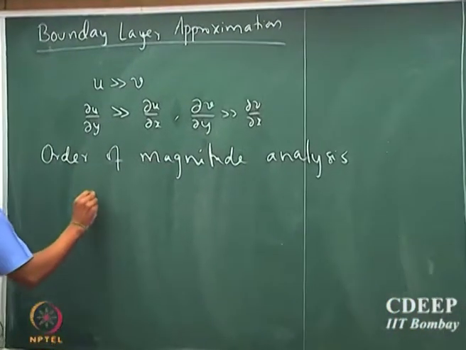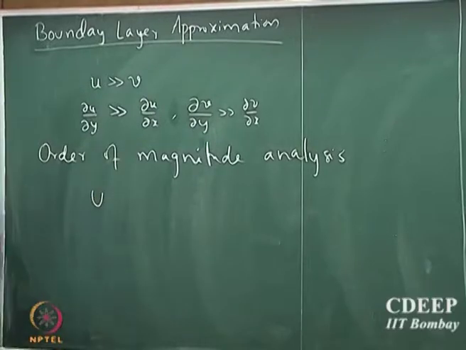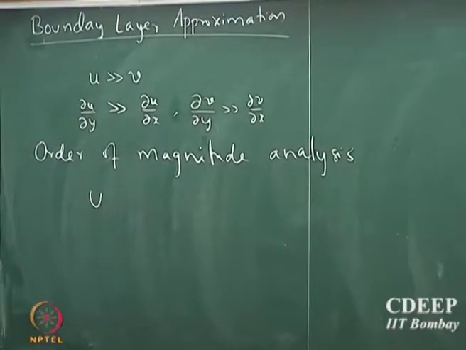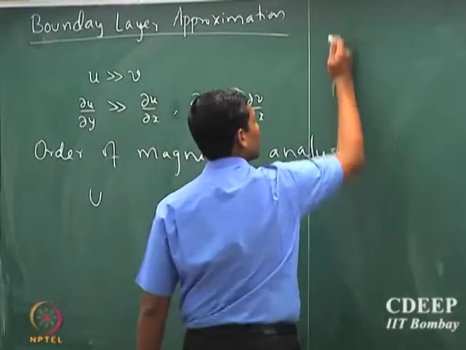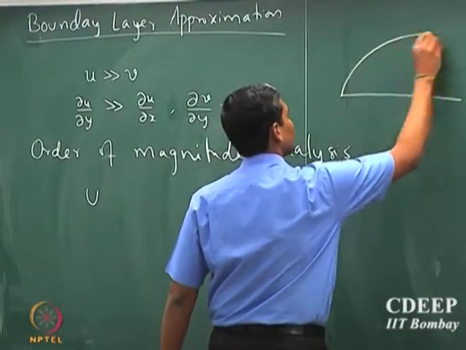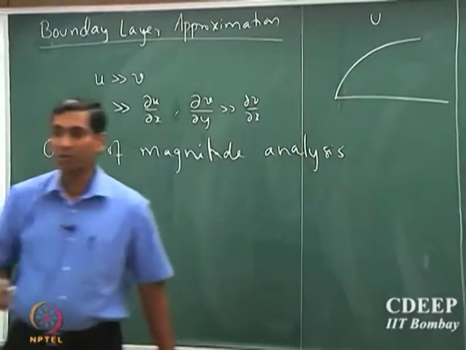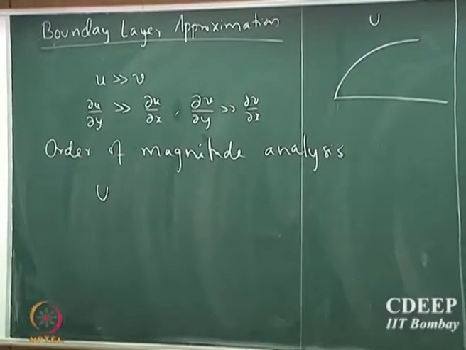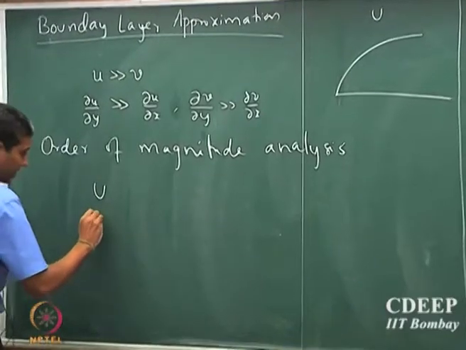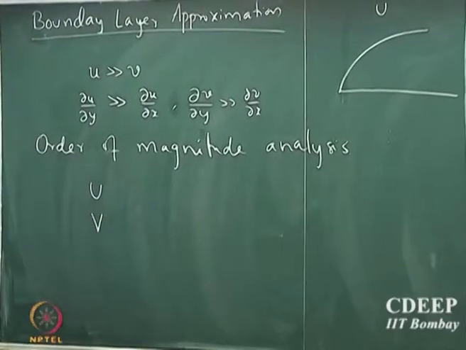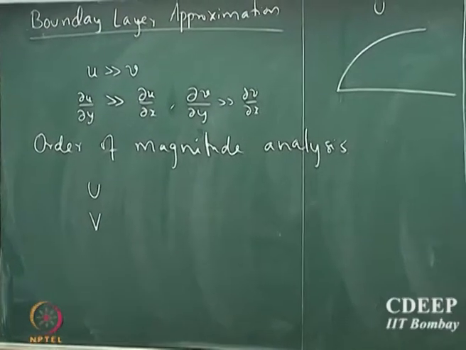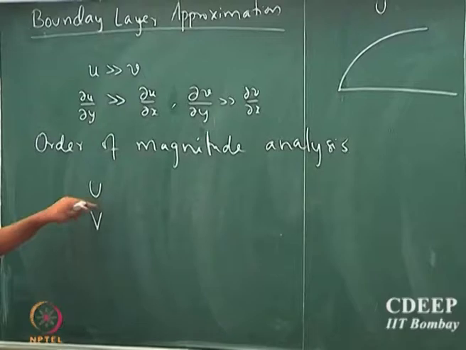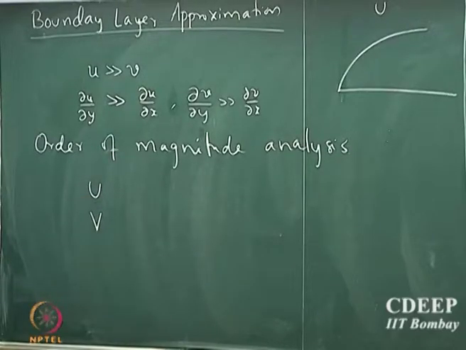Supposing we say that the free stream velocity is U, that's the velocity of the fluid outside the boundary layer. And suppose V is some representative velocity in the y direction. So U is the free stream reference velocity for the x component velocity.